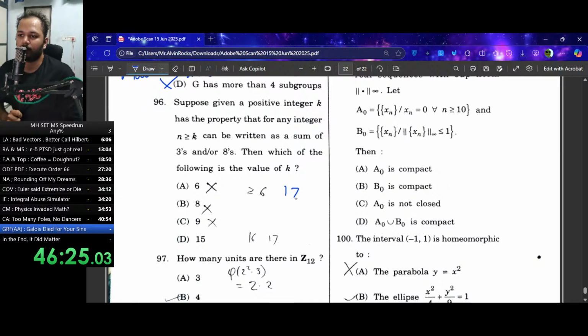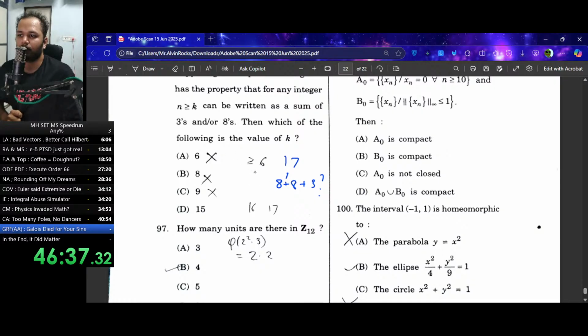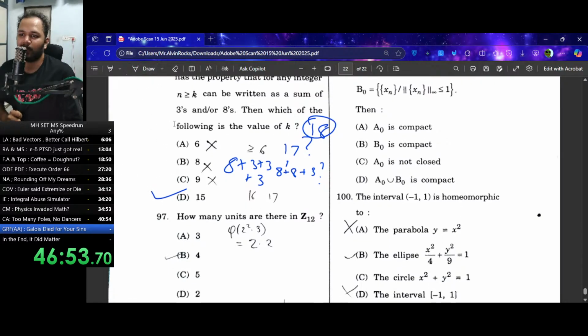Okay, 17 can be written as 8 plus 8 plus 3? Not really. Oh yeah, actually 8 plus 3 plus 3 plus 3. 18 has no factor, so that's why probably 15 maybe.